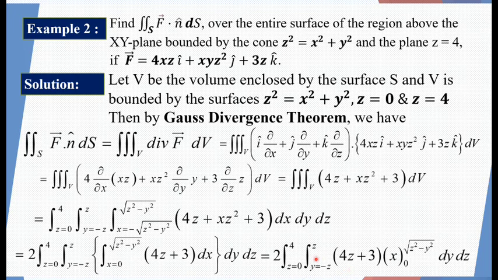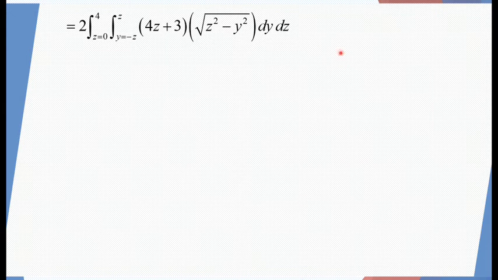So the entire function will convert into twice the integral z equals 0 to 4, integral y equals minus z to z, (4z plus 3) into the square root of z² minus y², dy dz. So in this particular manner.